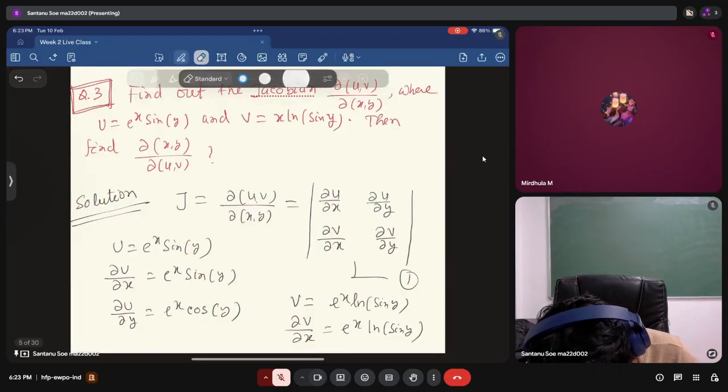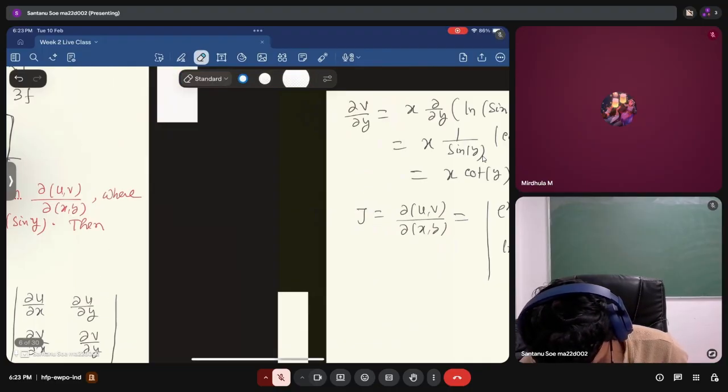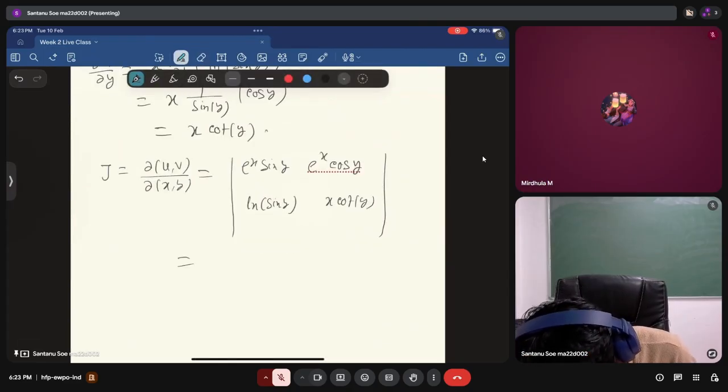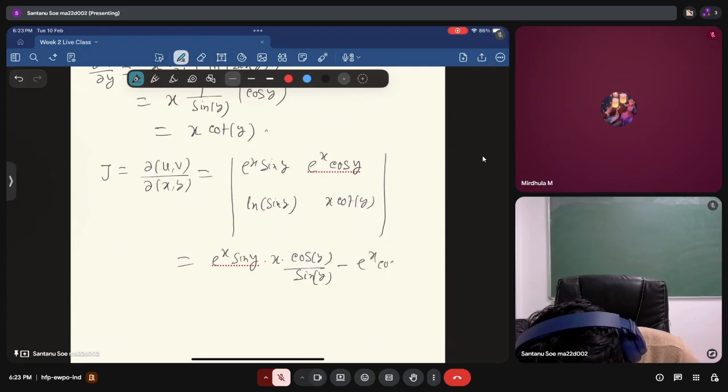So now this determinant will be e to the power x sin y into x into cos y divided by sin y, minus e to the power x cos y into ln of sin y.